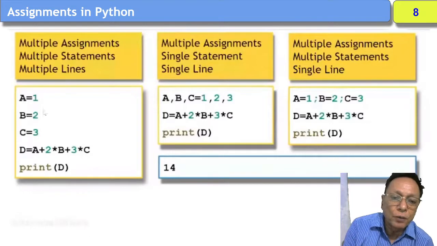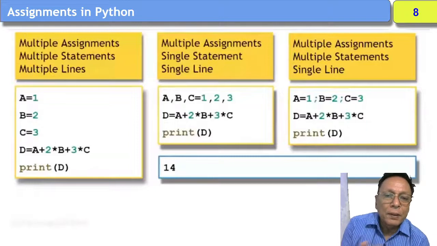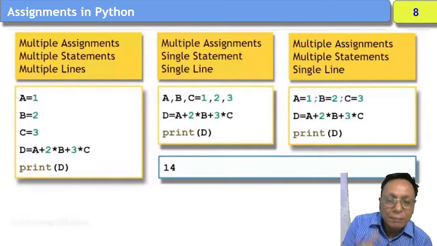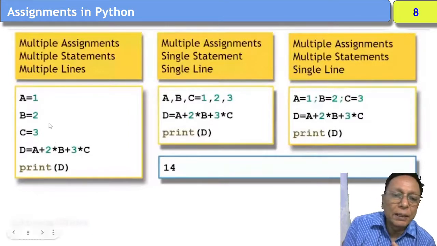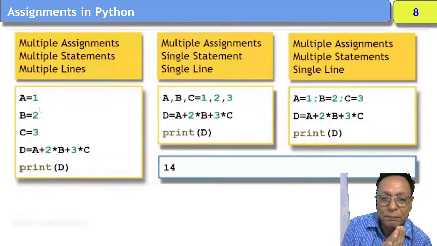So the gist of this code is multiple assignments, and you are going to assign multiple identifiers to multiple literals in multiple lines. There is one assignment, second assignment, third assignment, and that is why this is known as multiple line assignments.